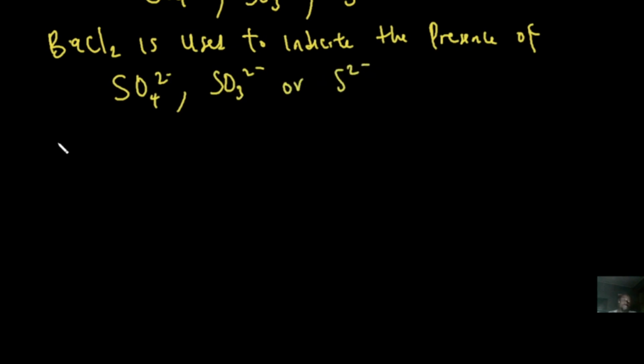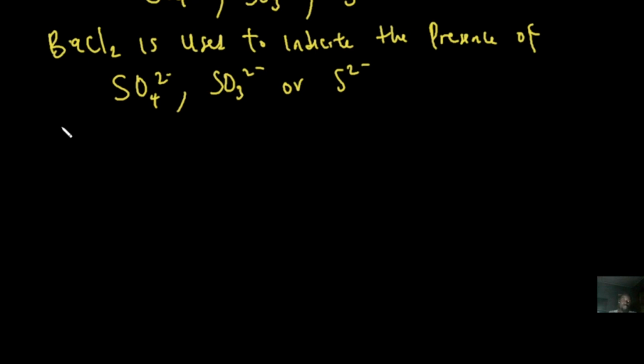Now, how does it work? The very first thing you need to know is that barium forms insoluble salts with all of them, which means that they will all precipitate, and the salts they form are white. Barium is not a transition metal. So with that said, let's get to work.